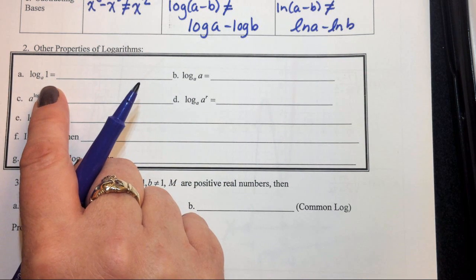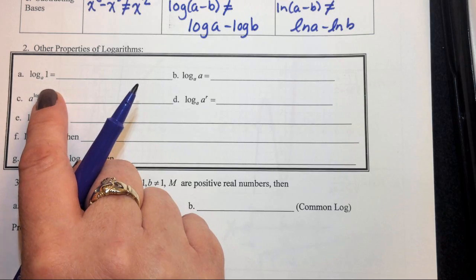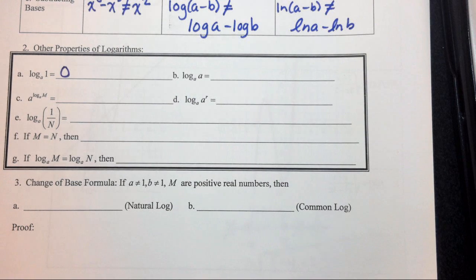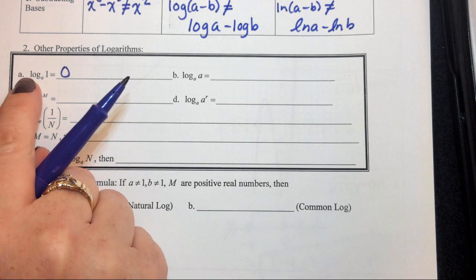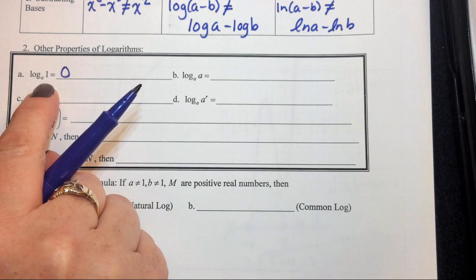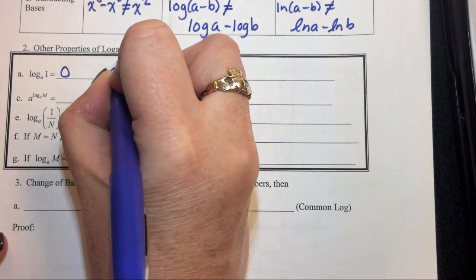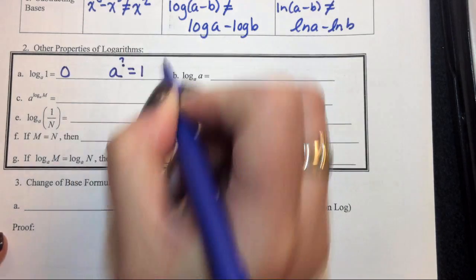0. There you go, 0. When I ask you to evaluate a logarithm, you are solving for the exponent for the base. So when you see log base A of 1, this question is asking you to take A raised to some power equal to 1.